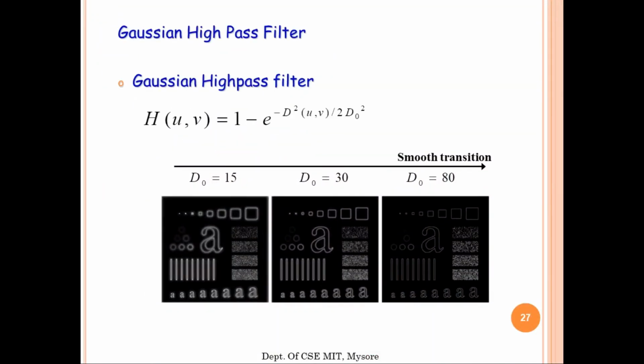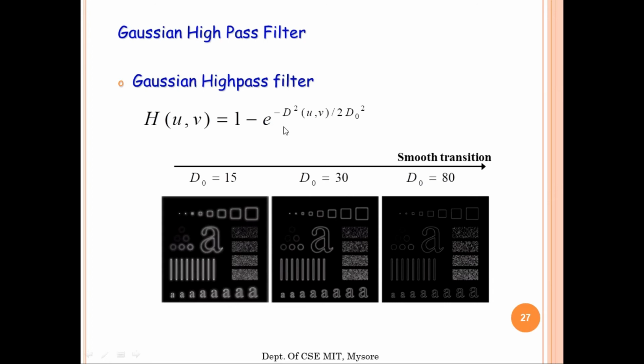Okay, next, here is the formula for the Gaussian high pass filter. H of u comma v is equal to 1 minus e to the power of minus D square of u comma v divided by 2 D naught square. In the Gaussian high pass filter, there will be a smooth transition. There is no ringing effect in the output.